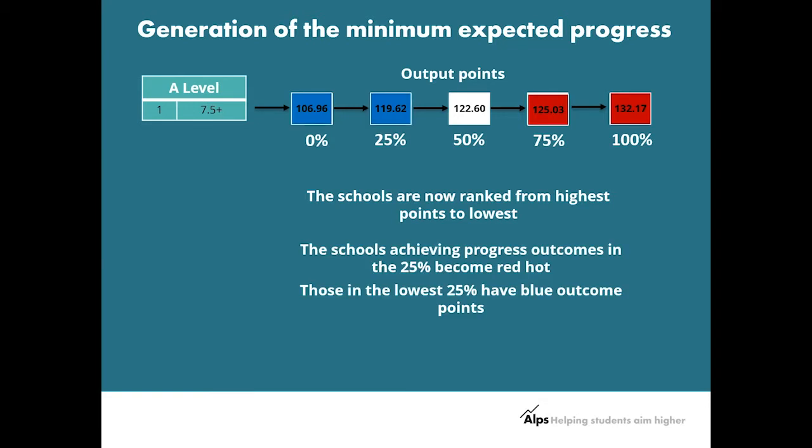According to our theory so far, schools in the top 25% turn red. So those two, 75% and 100% and everything in between, get a red grading. Those at the bottom have a blue grading, so those two are blue.